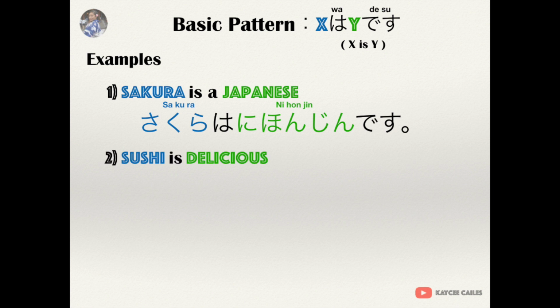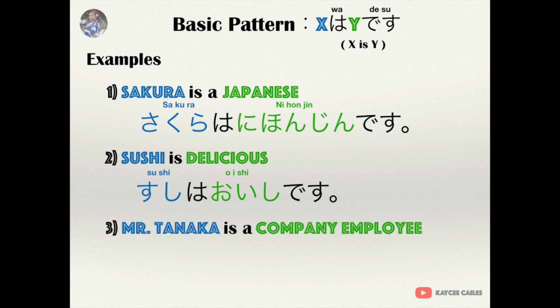Second, sushi is delicious. For this, our X is sushi and Y is delicious. In Japanese, delicious is oishii. To form it into a sentence, we have sushi wa oishii desu. Sushi is delicious. Third example is Mr. Tanaka is a company employee.